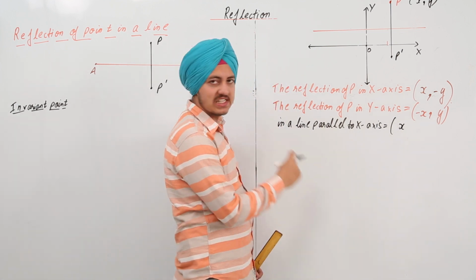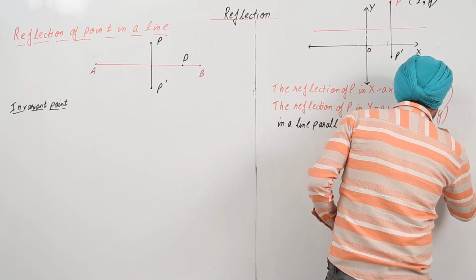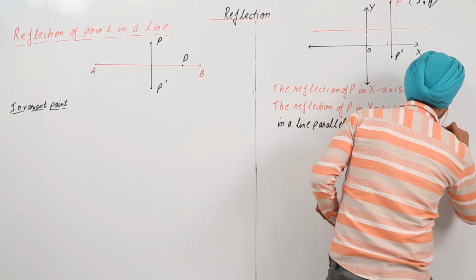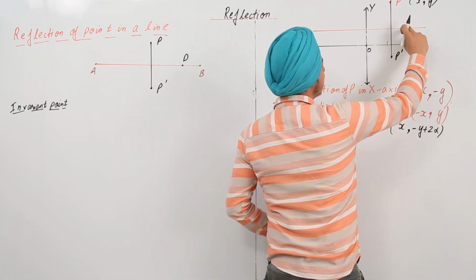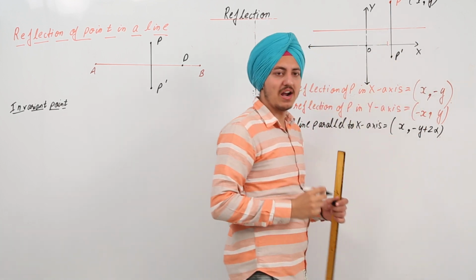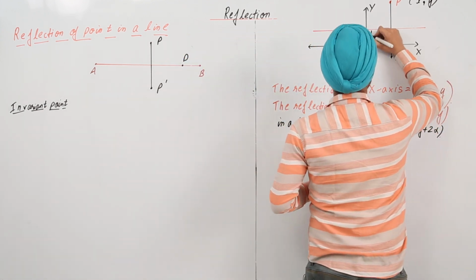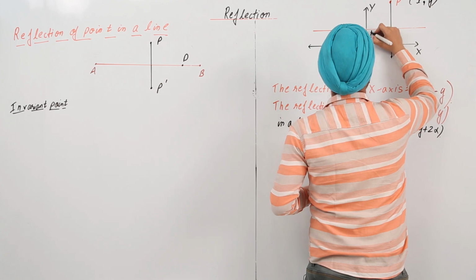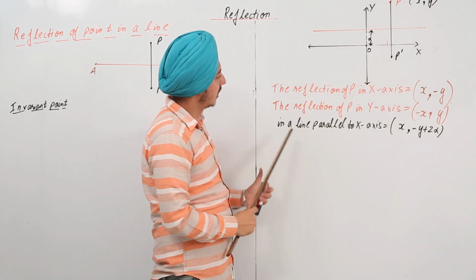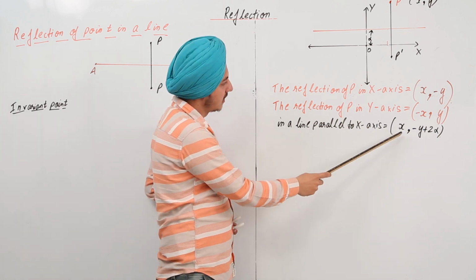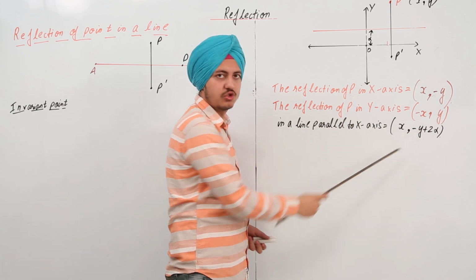What is the y coordinate? The y coordinate is minus y plus 2 alpha. And what is this alpha? Alpha is this distance, how far this line is from the x-axis. So the coordinates of the reflection are x comma minus y plus 2 alpha.